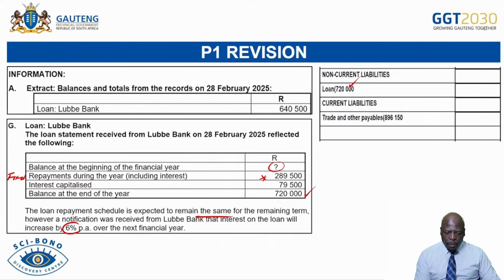So, we understand that when we made these repayments of 289.5, we're paying for two things.